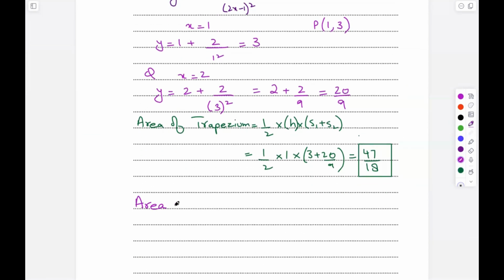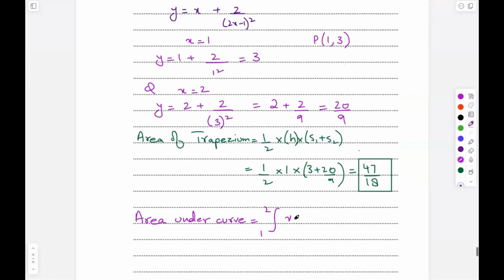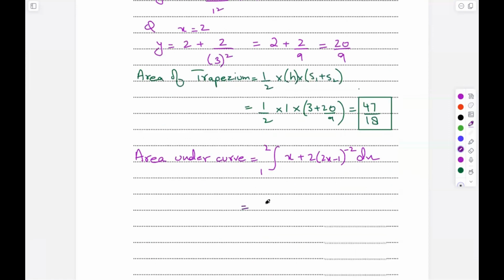So for the area under the curve we will integrate the equation, and the limits will be 1 to 2, from P till Q. The equation is (x plus 2) into (2x minus 1) to the power minus 2 dx. Now first integrating this, when we integrate x, that becomes x squared upon 2.